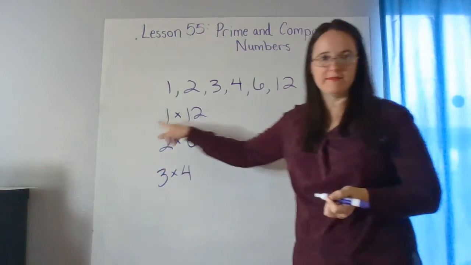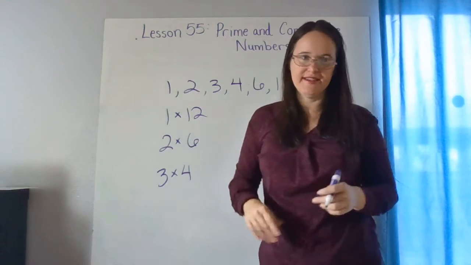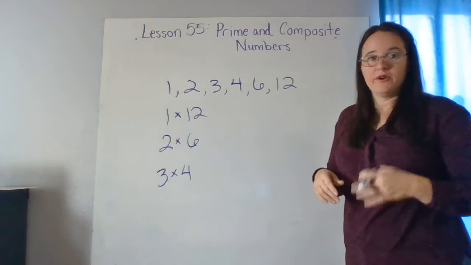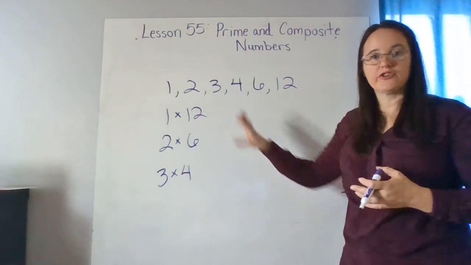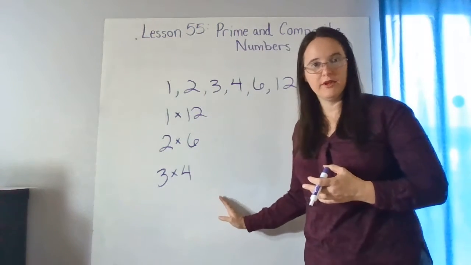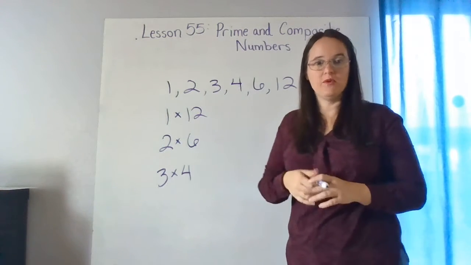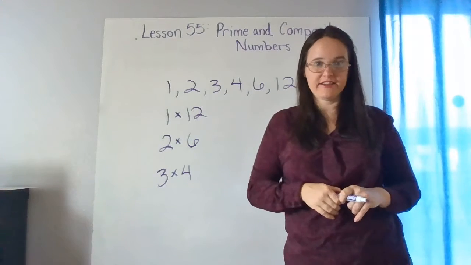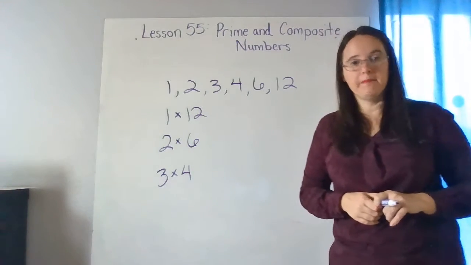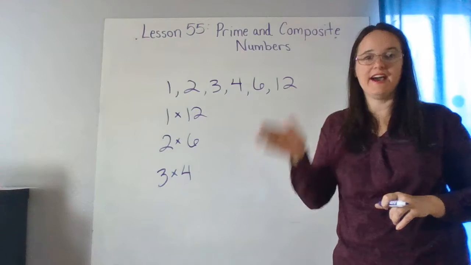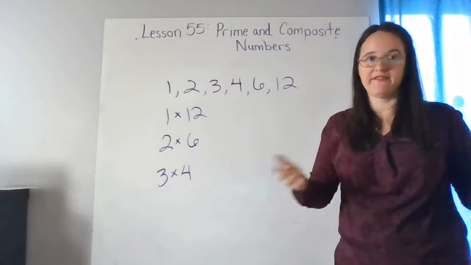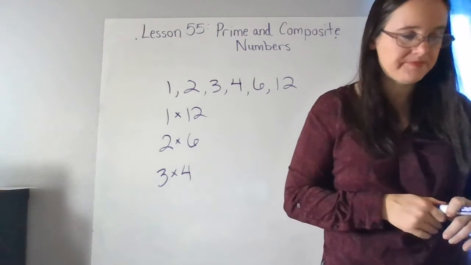And we'd write 12 times 1, but here it is, okay? So to find factors, you're trying to think what multiplication problems equal the number that I'm trying to find the factors of. To find multiples, you just count by those numbers, whatever number is given, okay?